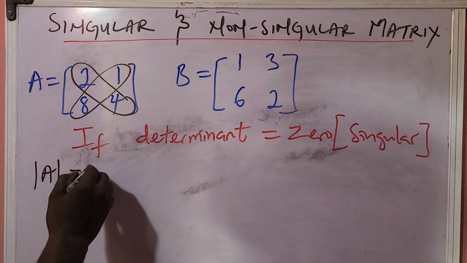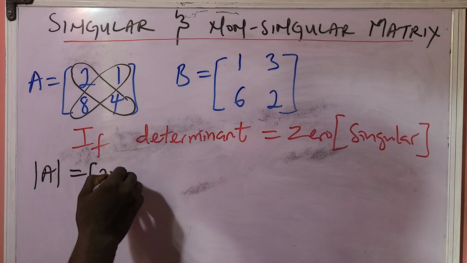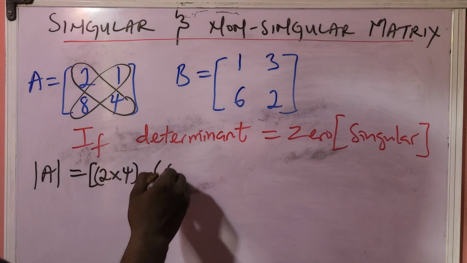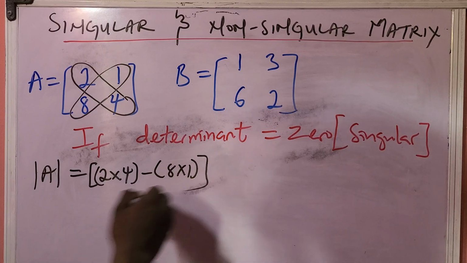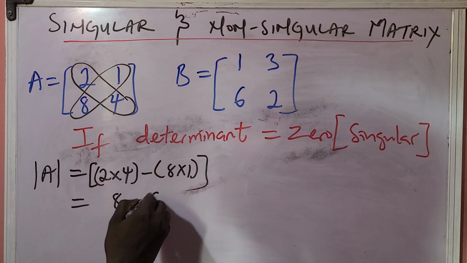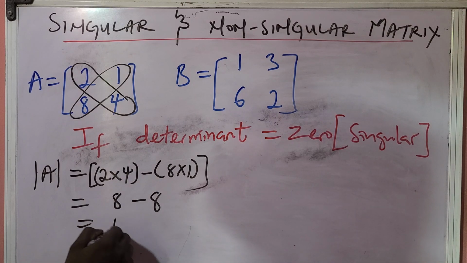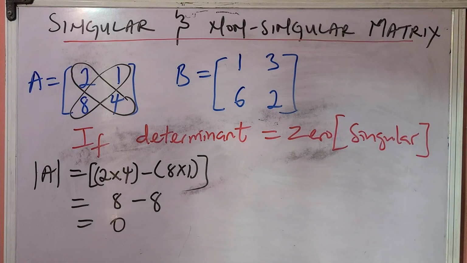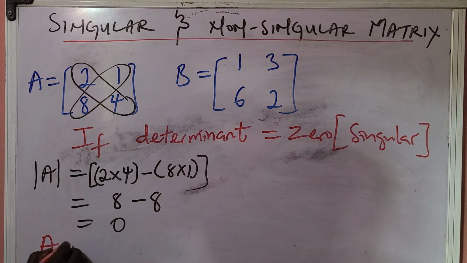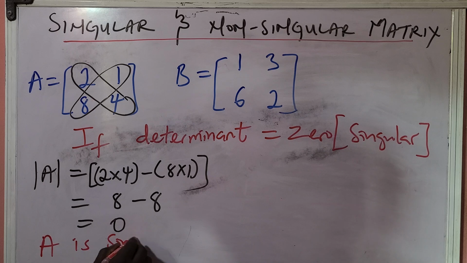So we have 2 times 4 minus 8 times 1. This is 8 minus 8. This is 0. Therefore, we immediately conclude that matrix A is singular.